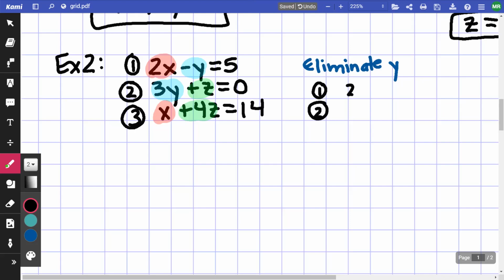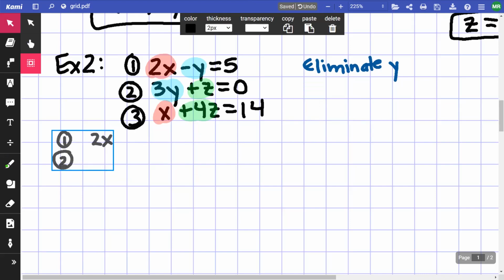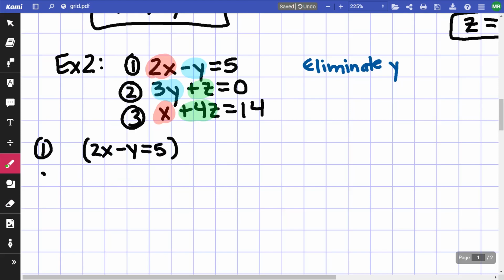For equation 1, which is a 2x, I'm going to take my 2x minus y equals 5, and I am going to multiply this by something because I want to have it cancel with the y in equation 3. So I'm thinking that I'm going to multiply this first equation by a -3.